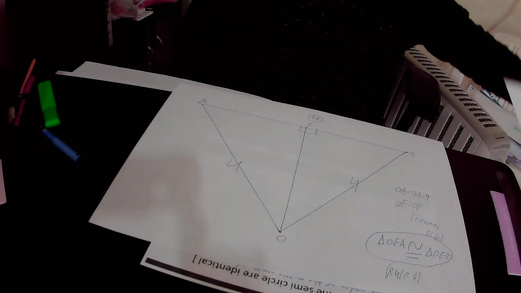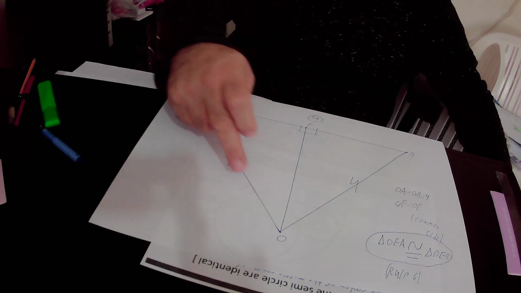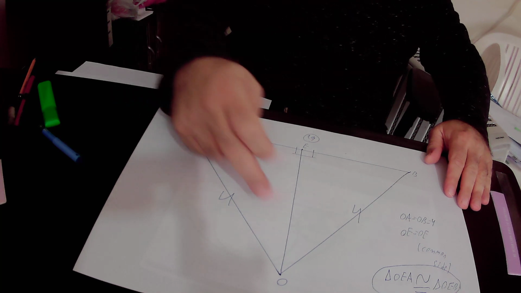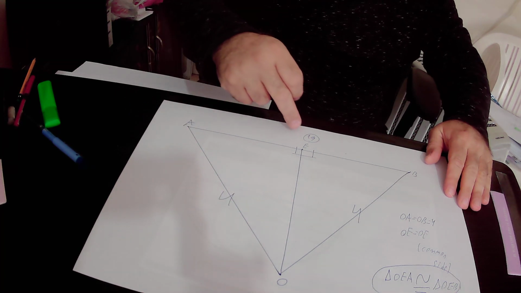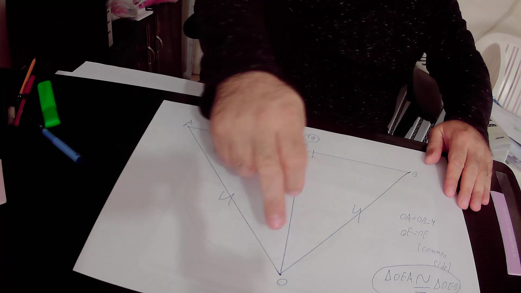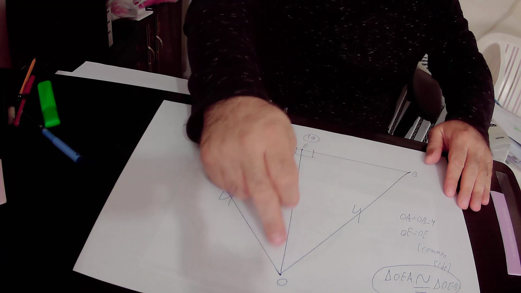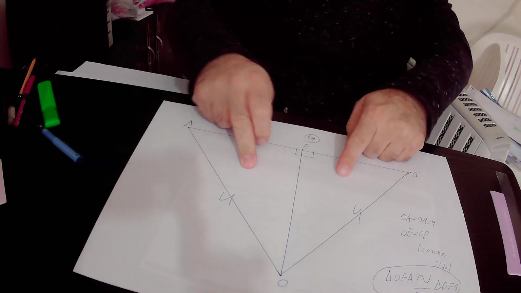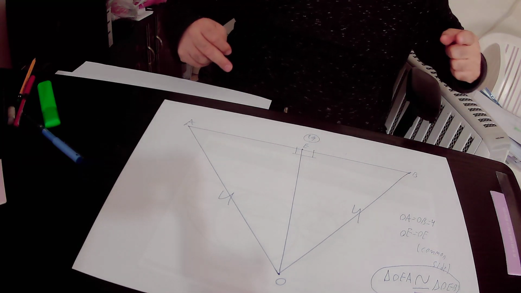And we actually proved that the hypotenuse OA and the perpendicular OE, triangle OEA, can go into the hypotenuse OB and the perpendicular OE, triangle OEB. Therefore, we proved that those two triangles can go into each other according to rule number 6.